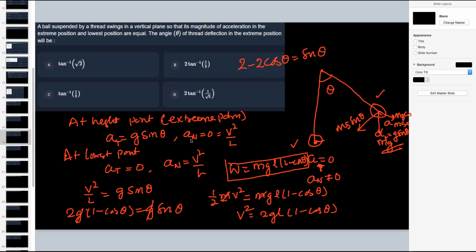What can 1 minus cos theta be written as? What is the identity related to 1 minus cos theta?